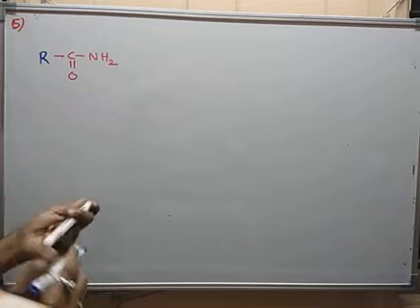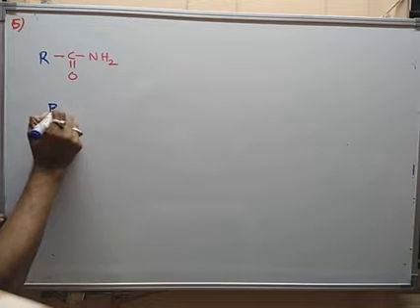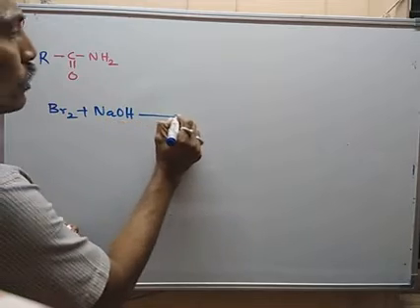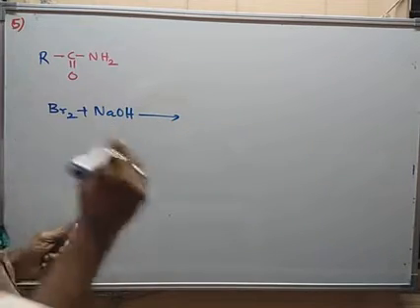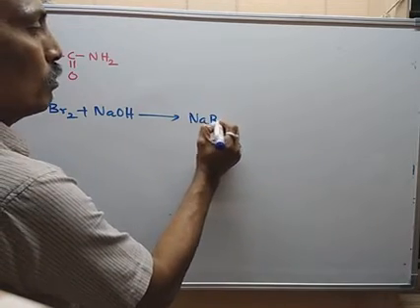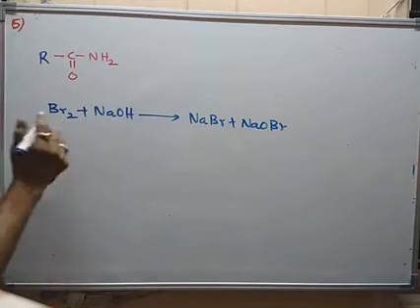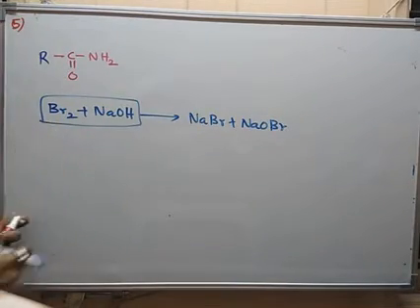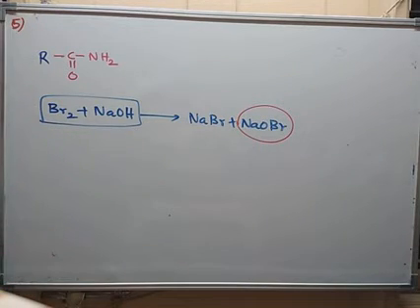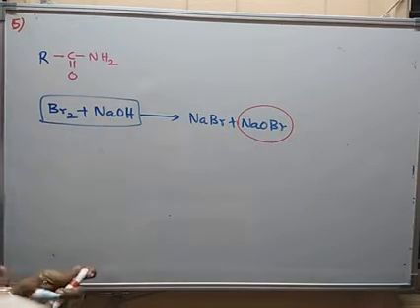This is treated with bromine and sodium hydroxide. The reagents are bromine and sodium hydroxide in dilute conditions. The products, which you studied in the inorganic chapter, are NaBr plus NaOBr. So instead of these two reactants, they may give NaOBr to confuse the student. Both are identical, both are similar in action.